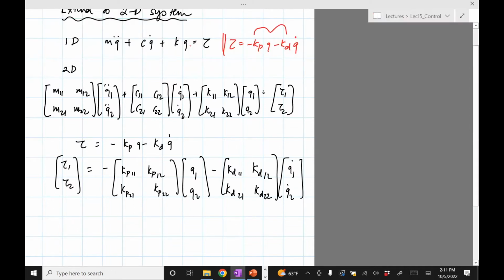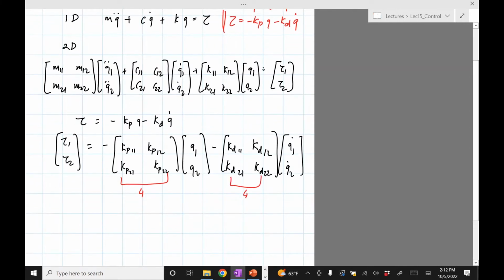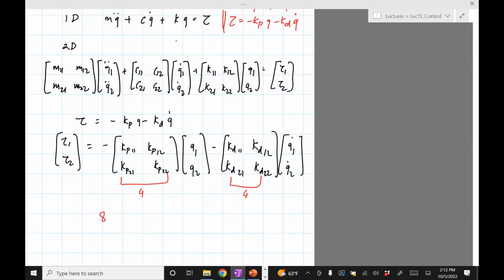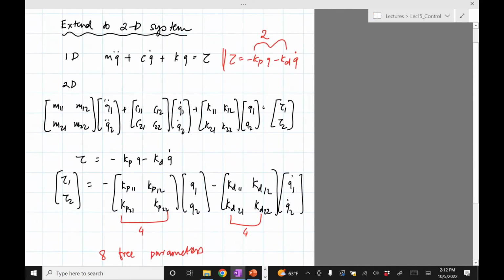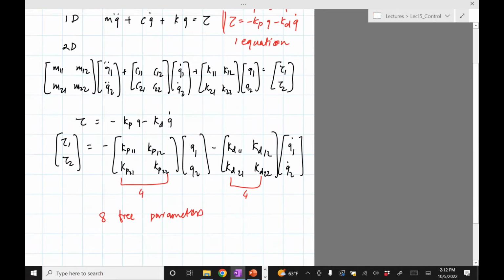Okay, let's count the number of unknowns, the free parameters. There are 2 here. In this case, there are 4 and then another 4. So we have 8 free parameters. Just like in the 1D case we had 2 parameters and 1 equation, so that 1 parameter is free, the kp, and kd is a function of kp.